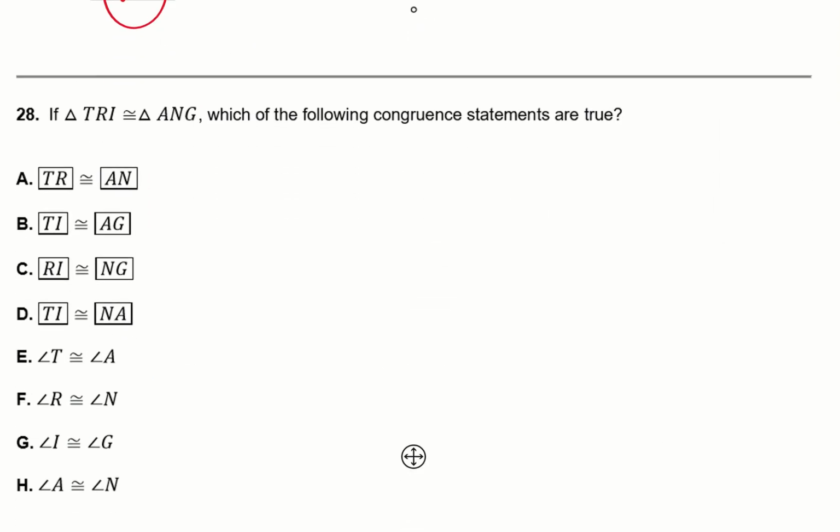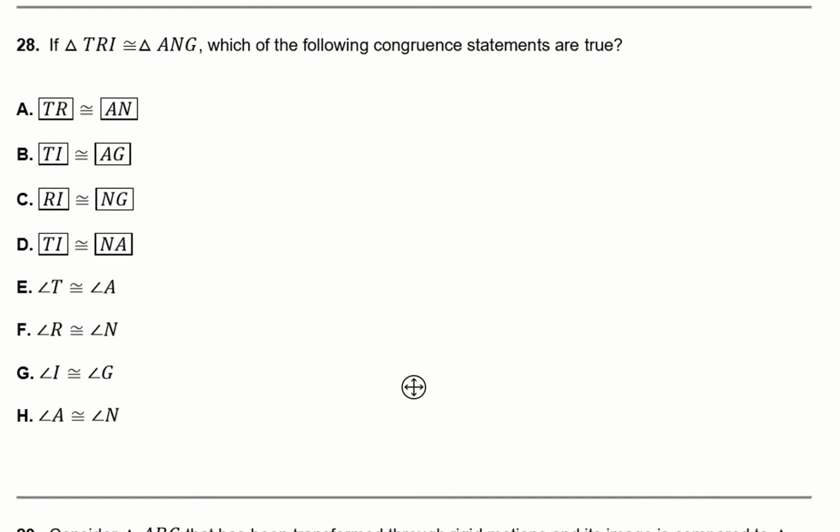All right, so number 28, if triangle TRI is congruent to triangle ANG, which of the following congruent statements are true? So again, this is similar to what we've been doing in the past couple of questions. We know from this that TR is congruent to AN, so this is true. We know that TI is congruent to AG, just looking at those.